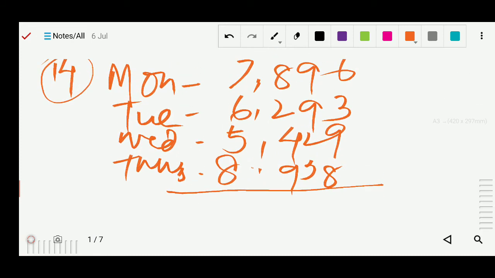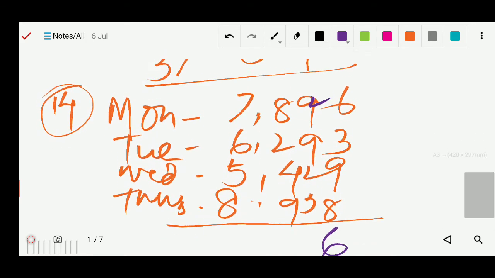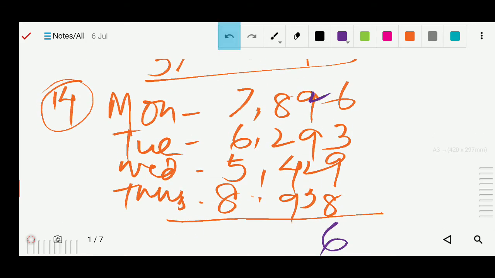So we will add it now. 6 plus 3, 9, 9, 18, 18 plus 8, it is 26. So I write 6, carry 2. Now 9 plus 9 plus 2 plus 3, and this carry you will add, you will get 25.